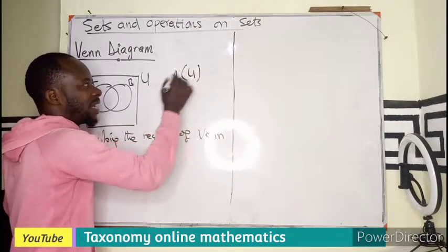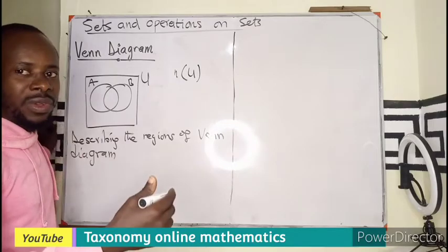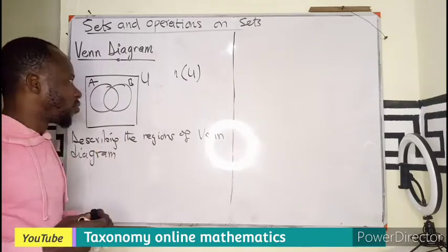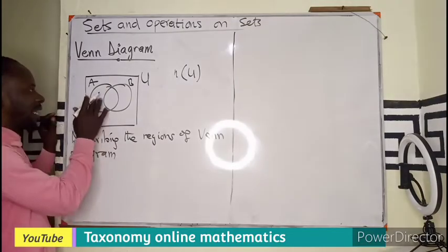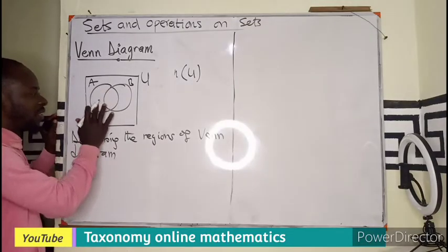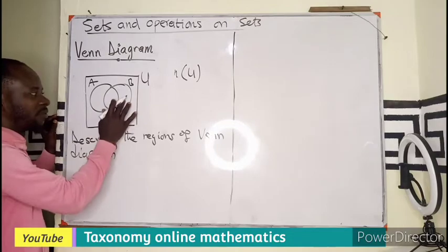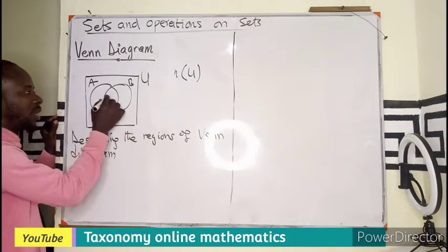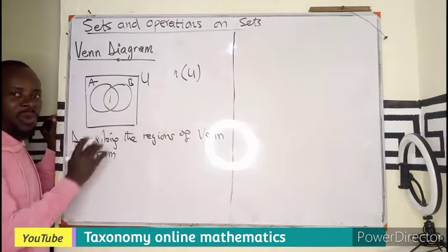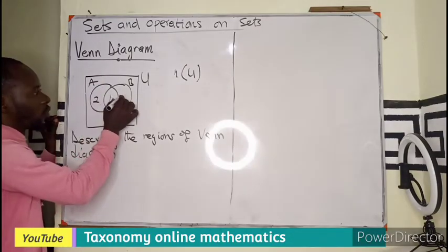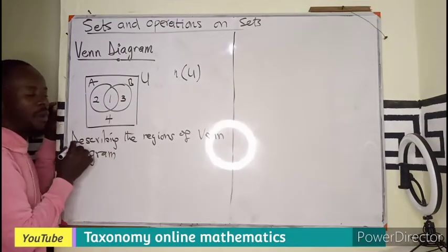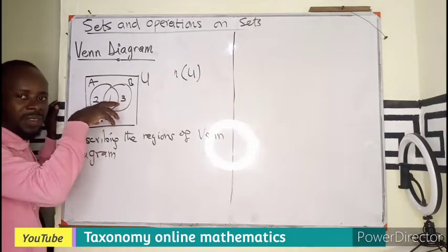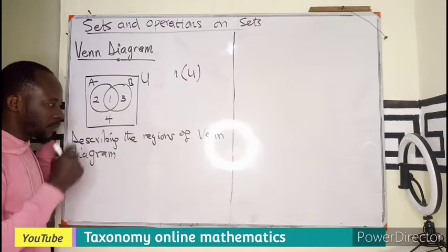If I write this, I'm referring to the number of elements of what? The universal set. Now if you want to describe, you can see that this region is different from this, and as well different from this. So I can have this to be region 1 as the overlap, region 2, region 3, and region 4. The 4 here stands for the empty space outside the circles.